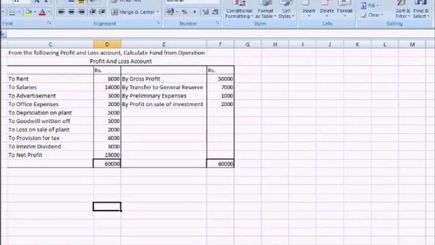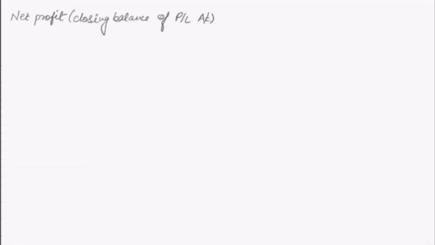So we know the net profit, which was the closing balance of the profit and loss account. It was 18,000. Mention 18,000.